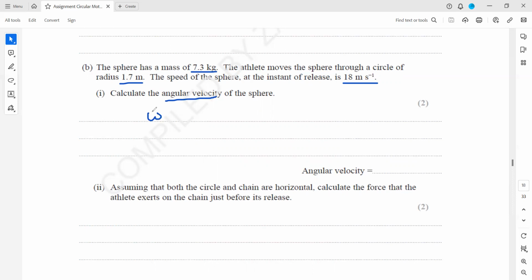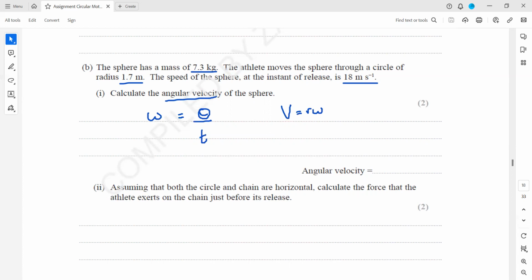Angular velocity refers to the rate of change in angle, or change in angle every second. The main formula of angular velocity is omega equals theta divided by t. We also have another formula, v equals r omega, where r is the radius, omega is angular velocity, and v is linear velocity.